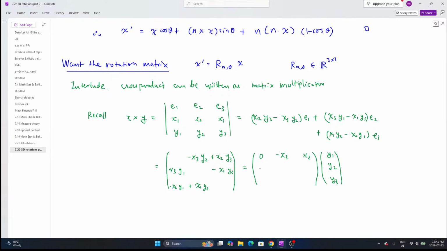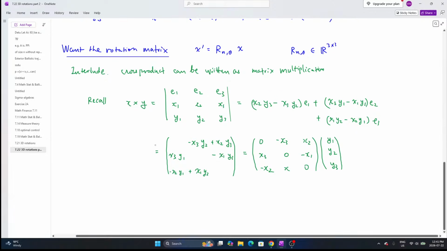Here we have x3, 0, minus x1. I will introduce quaternion in about 10 minutes. Then minus x2, x1, 0. Right now we're just trying to rewrite the Rodrigues formula as a matrix multiplication.